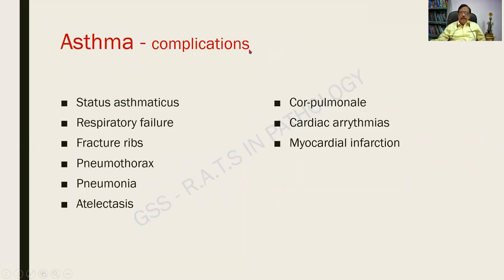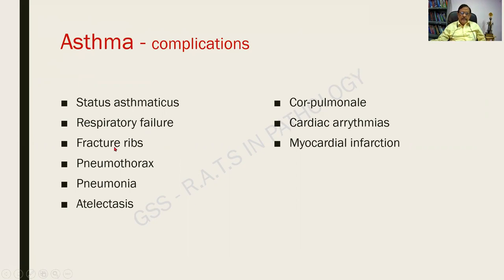And what can be the complications of bronchial asthma? One is status asthmaticus. We have said a patient can go in for repeated attacks, he can die. Respiratory failure. So the patient fails in respiration. This again can lead to complications including death.